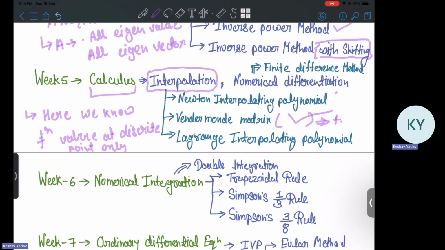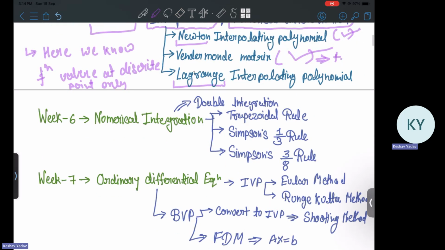That's why we discussed some methods that are computationally less expensive, which are the Newton interpolating polynomial method and the Lagrange interpolating polynomial method. Then in week 5 we also saw the finite difference method. What is the finite difference method and what is its use?